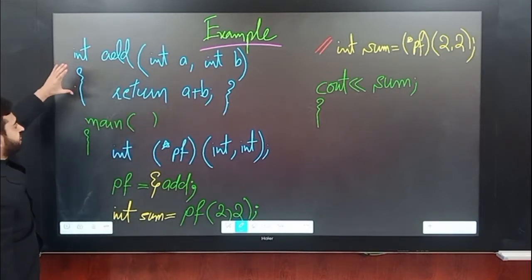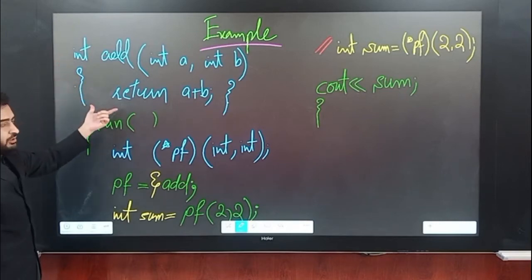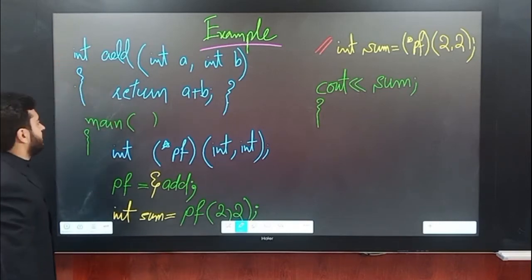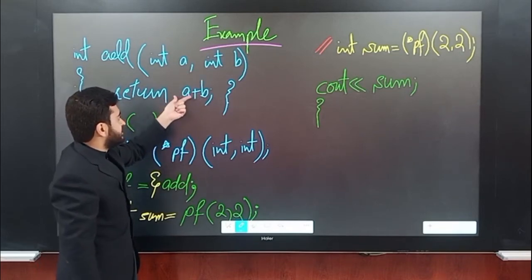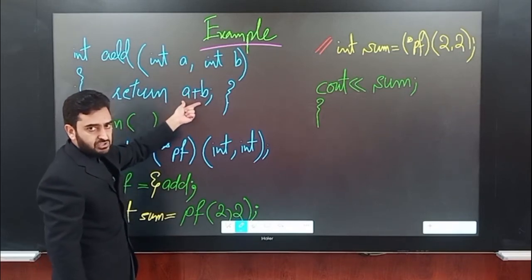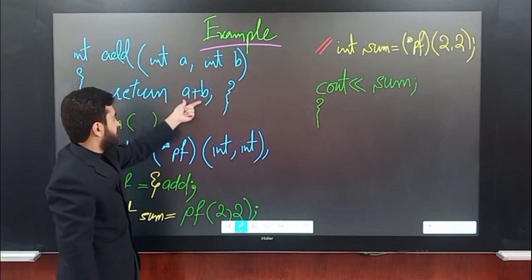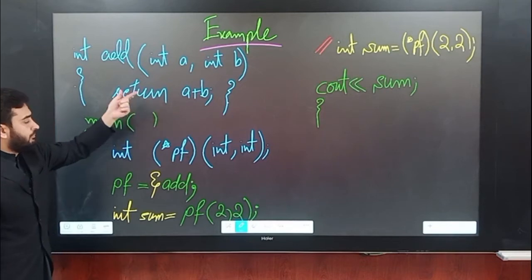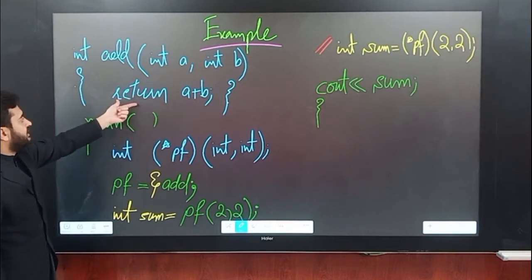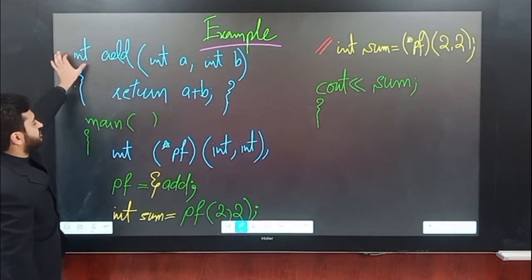So we have defined this function including its body. This function accepts two parameters, adds their values a plus b, and then returns the summation using the return statement.